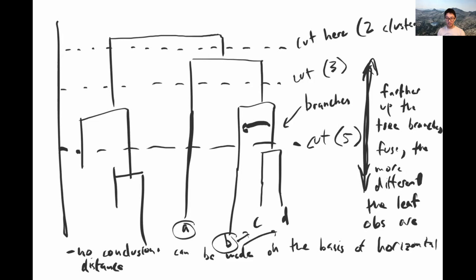If I switch these 2 branches, then it would maybe look like A is closer to C, and that is not the case, okay? So horizontal distances in the tree don't mean anything, only vertical distances. So make sure to not confuse that when you look at dendrograms.